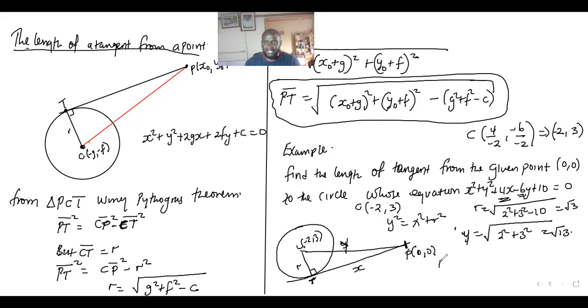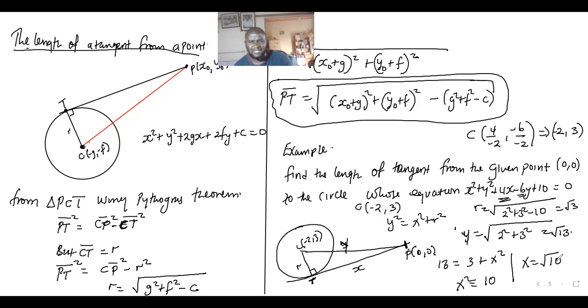Therefore, when I square, I'll get 13 is equal to 3 plus X squared. Capital X squared will be equal to 13 minus 3, which is 10. Therefore, the distance is root of 10.